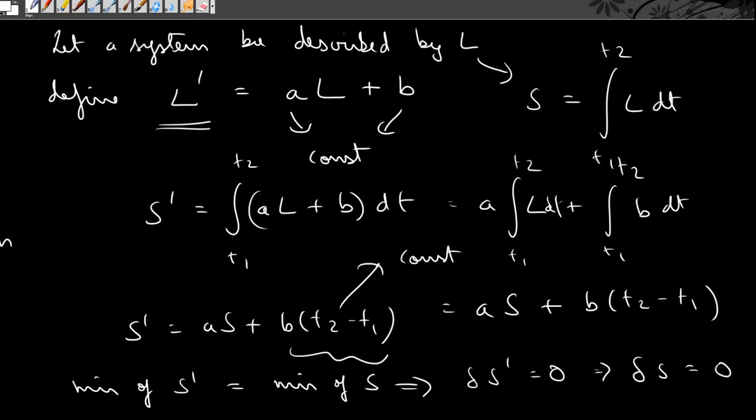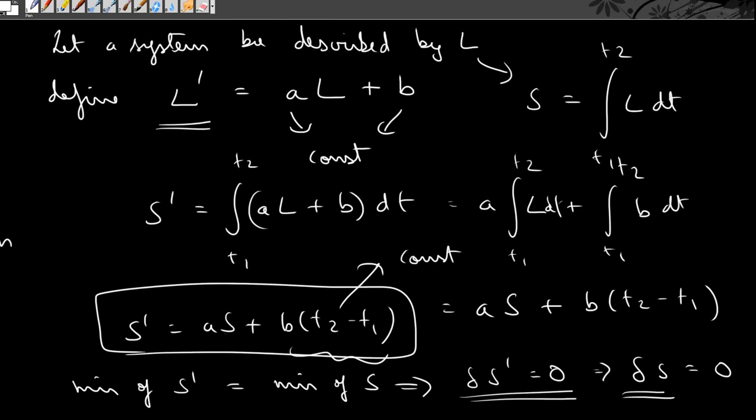This is because any curve which is at a maxima or minima will have its derivative as 0. So when S dash or S takes its minimum value, its variation is going to be 0. And the variation of S dash going to 0 is the same as saying variation of S going to 0 because of this relation.